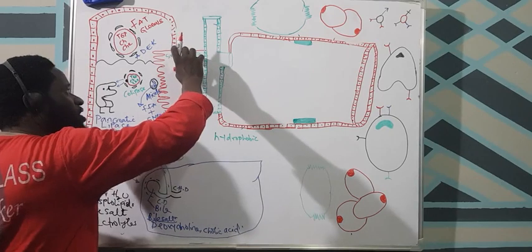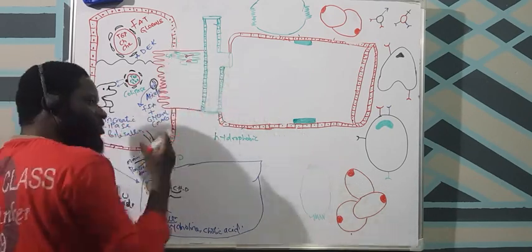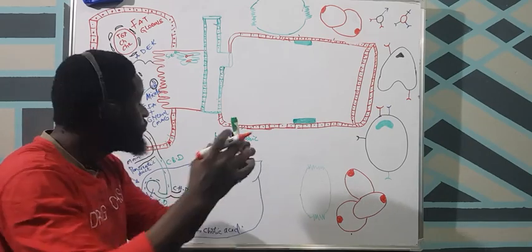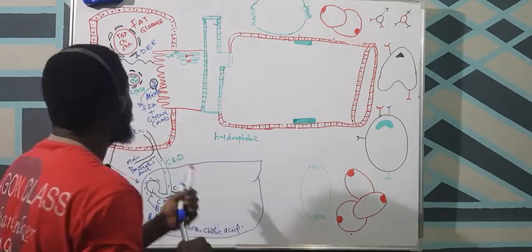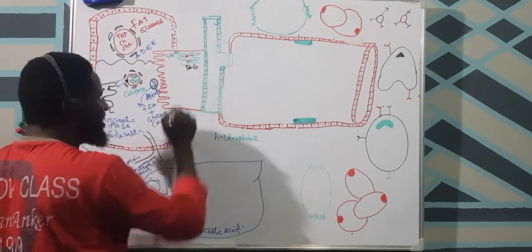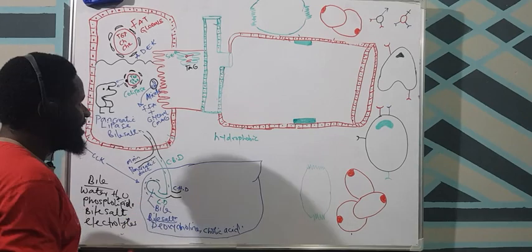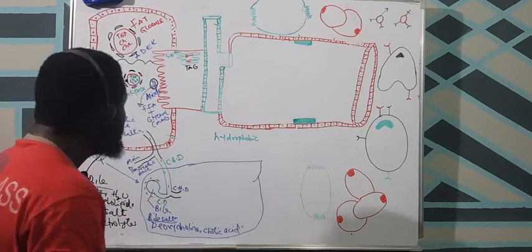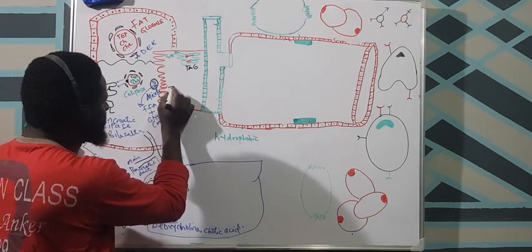What the organelle does is package the monoacylglyceride and the free fatty acid to form TAG, triacylglyceride or triglyceride.